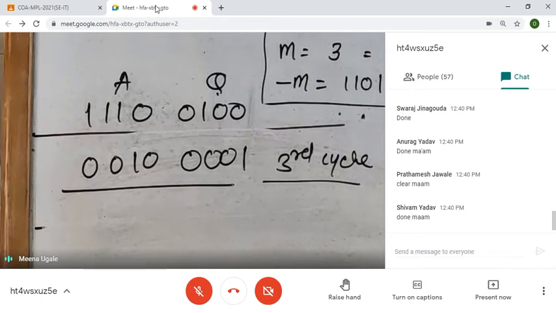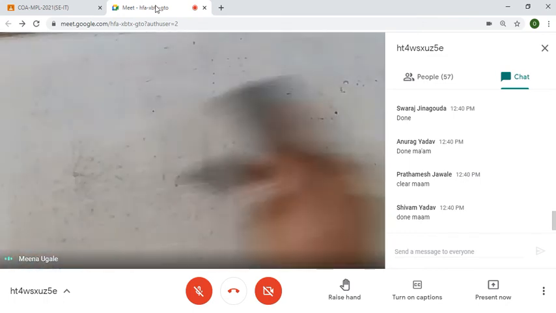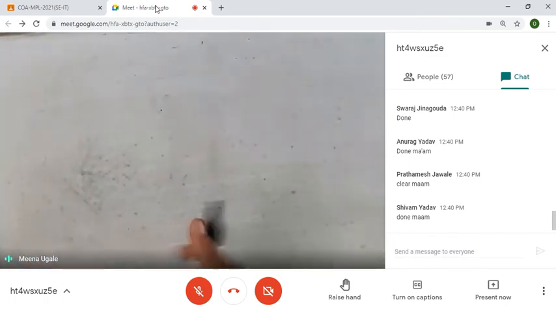We will solve one more example on this. Go for this one. 19 divided by 4.